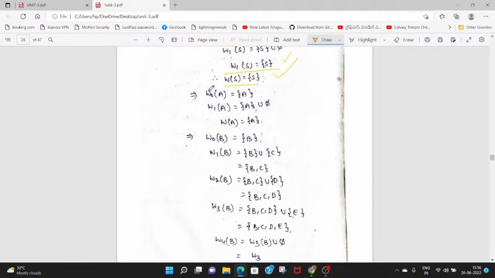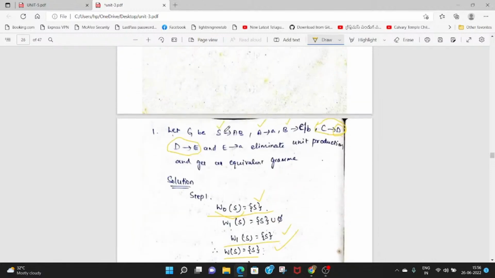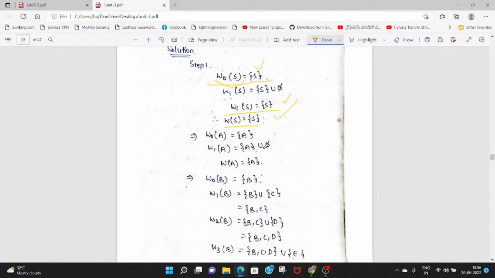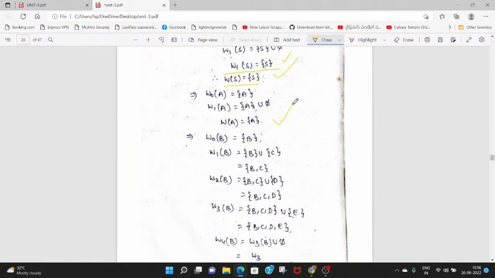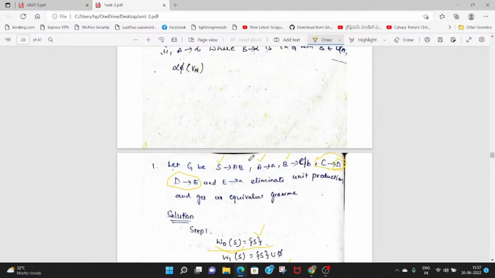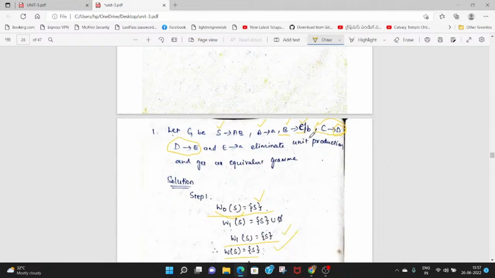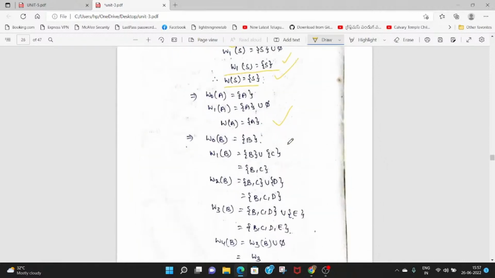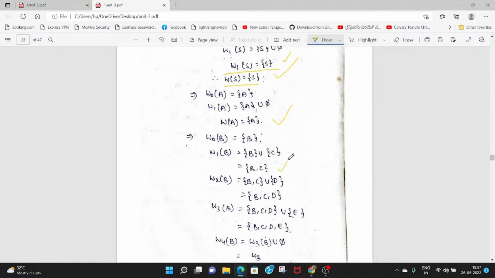After that, I can take W0 of A. On the right hand side, if any variable is not deriving anything, I can include it as it is. Now for B, we can include B directly, and on the right hand side, B is going to derive one variable, a unit production. Because of that, I can include C also.